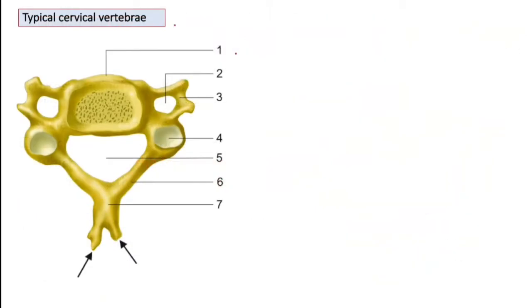So this one is the typical cervical vertebra. You can see the body here, corpus vertebrae. This whole part will be the arch, and this part is the lamina of the vertebral arch, lamina arcus vertebrae.